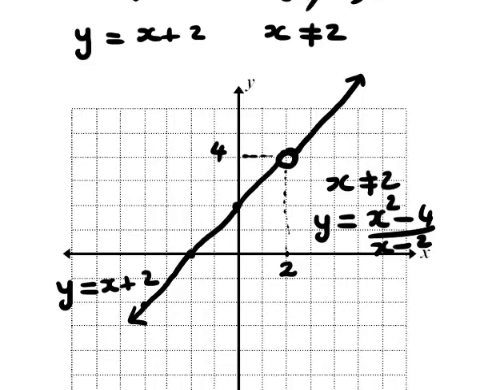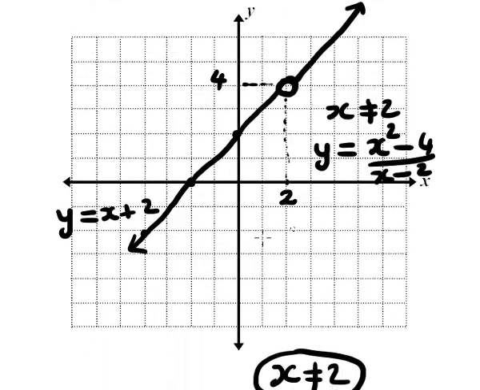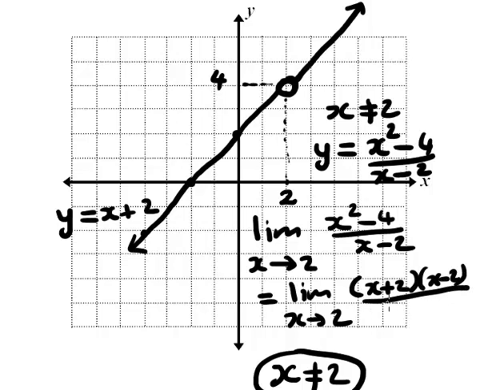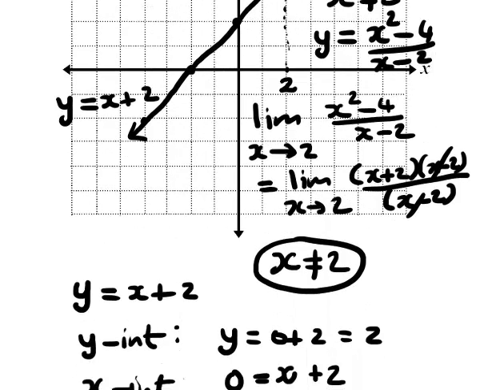Now this makes perfect sense because when you work out the limit as x approaches 2, you had to factorize. So you factorized and you got x plus 2, x minus 2 divided by x minus 2. Those cancel. We're not allowed to equal 2.